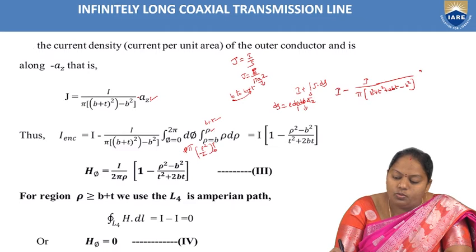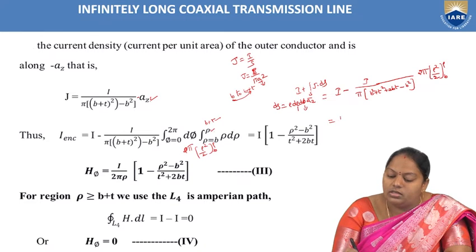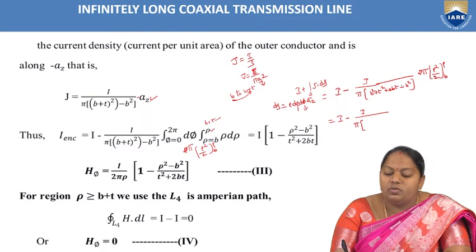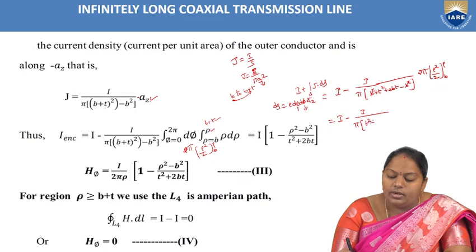Then that is 2 pi and here rho square by 2. Then if we substitute limits b to rho, the simplified equation is I minus I by pi into b square plus t square plus 2bt minus b square. So this b square and this b square get cancelled, leaving t square plus 2bt.